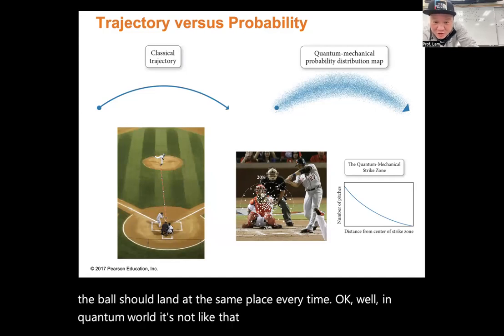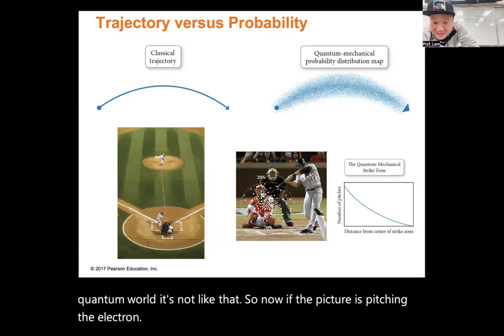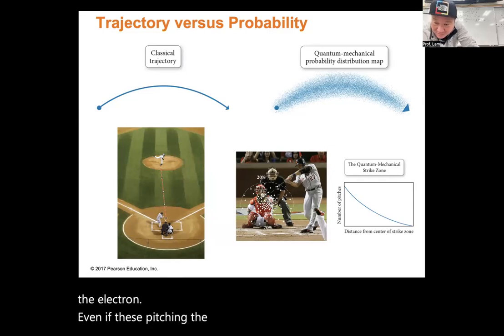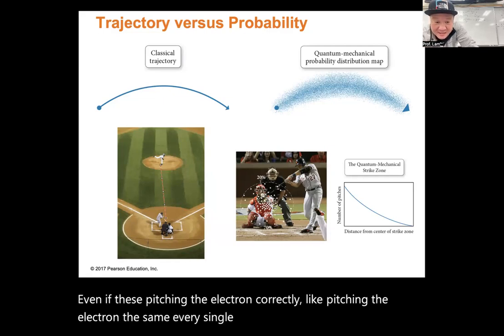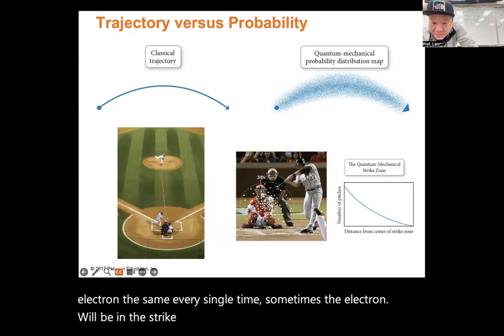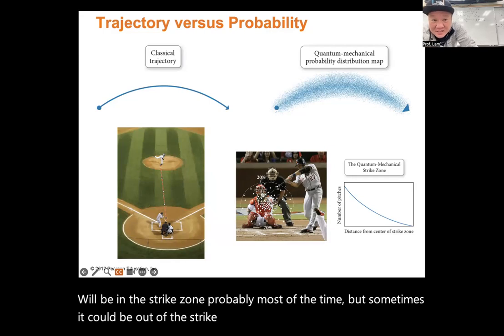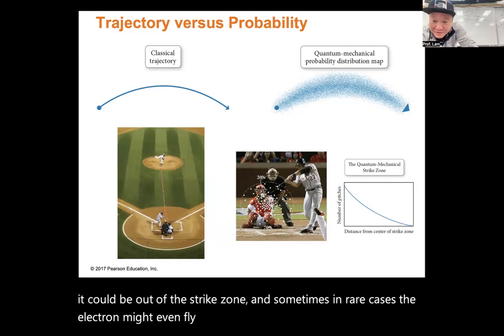So now if the pitcher is pitching the electron, even if he's pitching the electron the same every single time, sometimes the electron will be in the strike zone, probably most of the time, but sometimes it could be out of the strike zone, and sometimes in rare cases, the electron might even fly back at him, right?